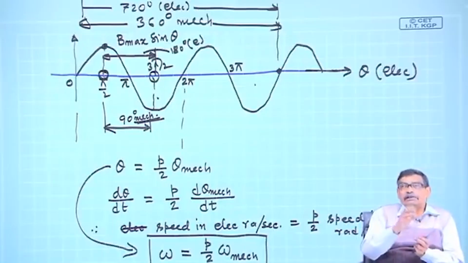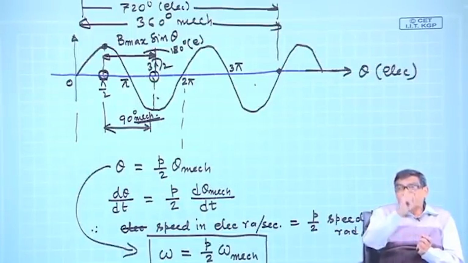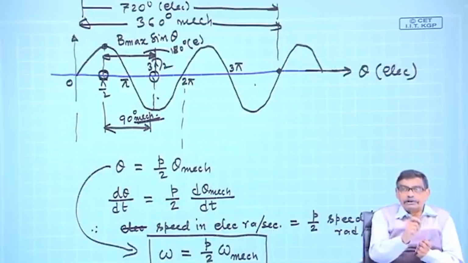So, there will be 3 pair of poles, p by 2 will be 3. Therefore, 3 cycles of EMF will be produced as the conductor makes one complete mechanical revolution.